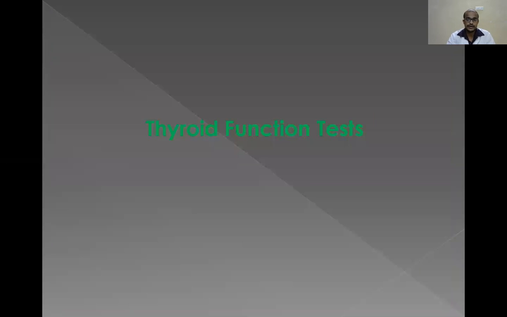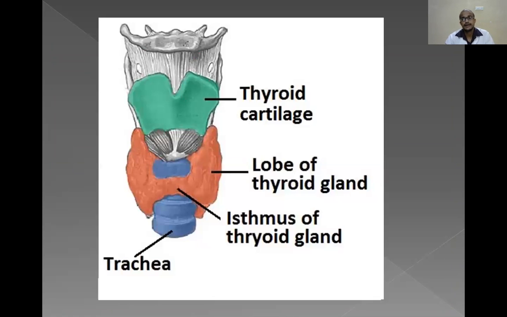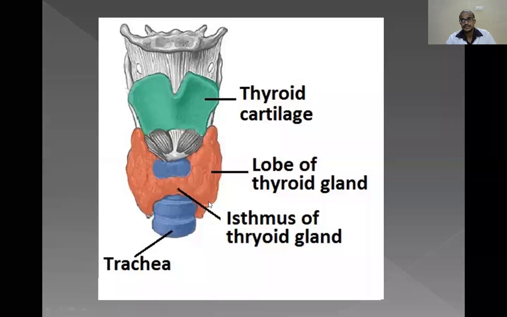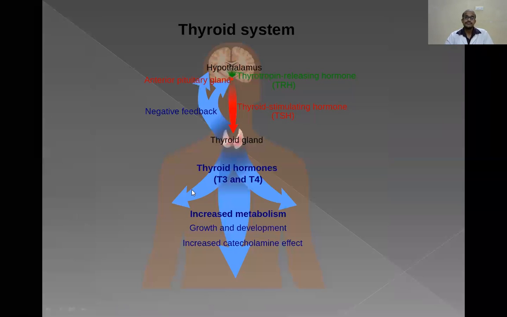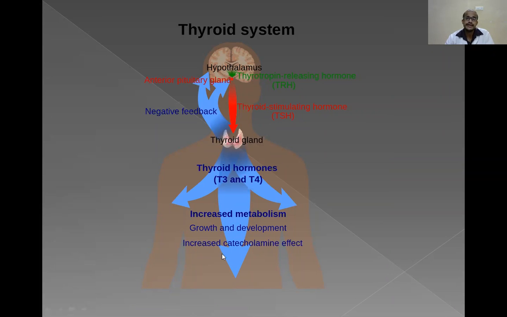And coming to the thyroid function tests, the thyroid is an organ, you know, which is divided into lobes and connected by the isthmus. And coming to the functions of thyroid gland, the functions depend upon the T3 and T4, the thyroid hormones, which help in the metabolism, growth and development, and all other different functions.